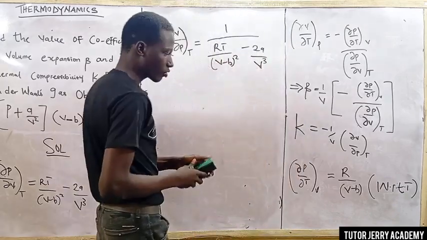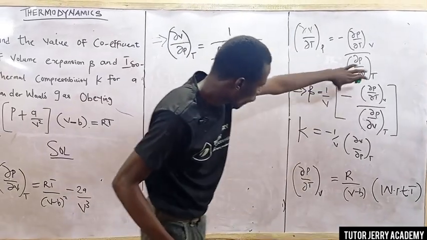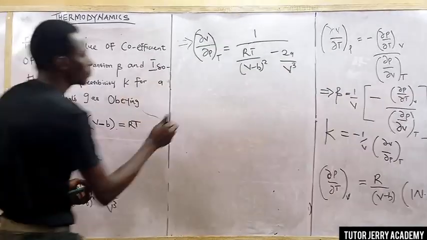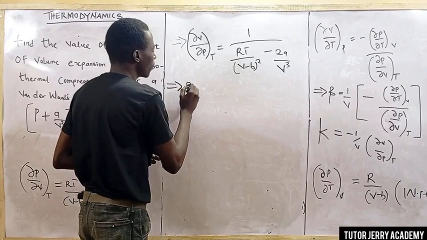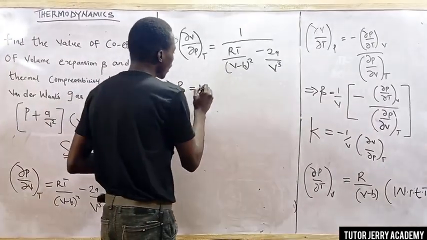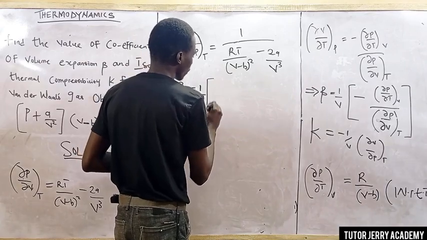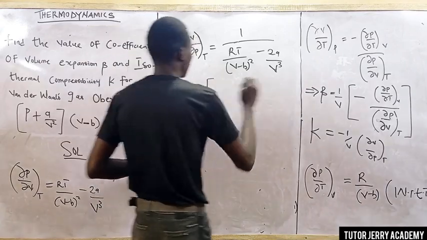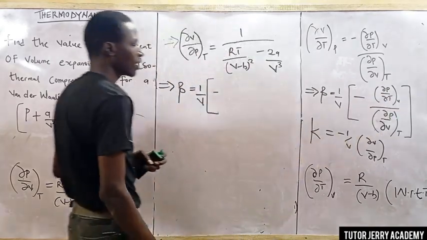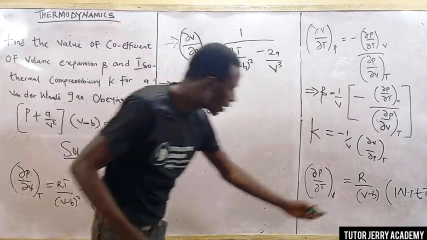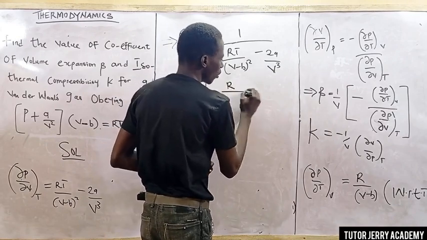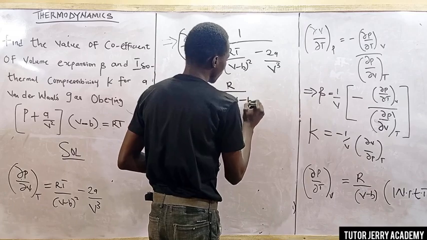So we are going to substitute the value of this for this, and the value of this for this. It implies that beta, the coefficient of volume expansion, is equal to 1 over V times minus the partial of P over T keeping V constant, and the partial of P over T keeping V constant is equal to this. So we can just write R over (V minus b).